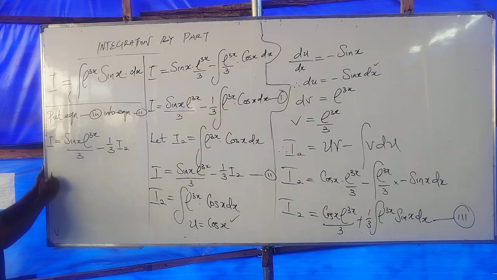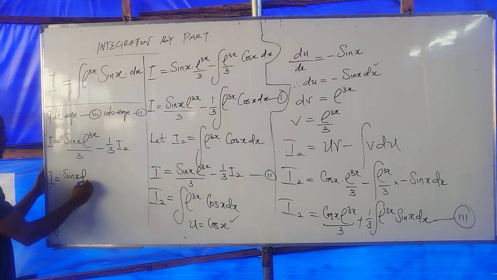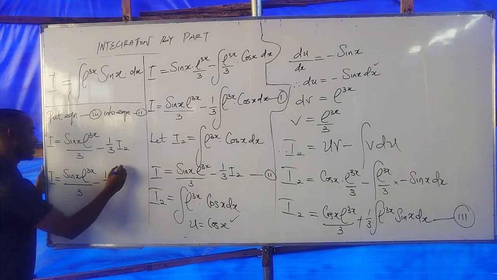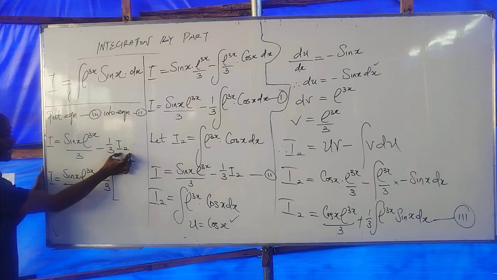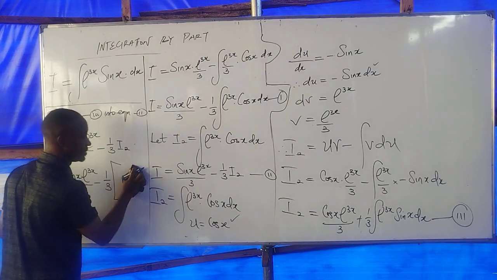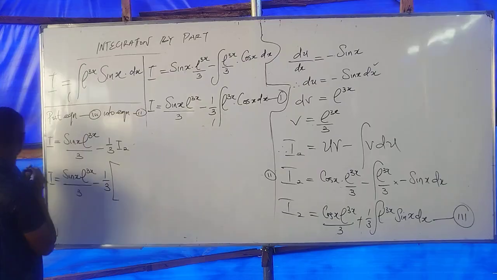Let's go. So I is equal to sine x exponential 3x over 3, minus 1 over 3 in bracket now. What's our I2? So our I2 is what? Let's go.